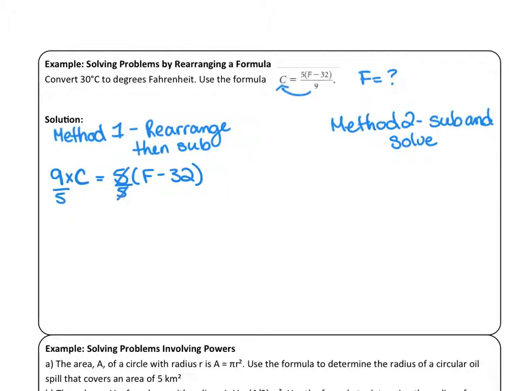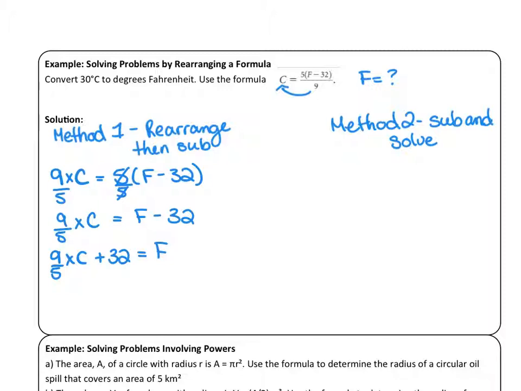And so this will go away. So we get 9 over 5 times C equals F minus 32. And the last step to get F by itself, it's minus 32. So I'm going to add 32. F equals 9/5 times C plus 32.